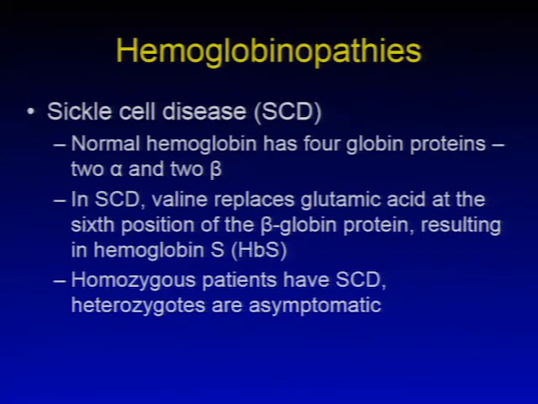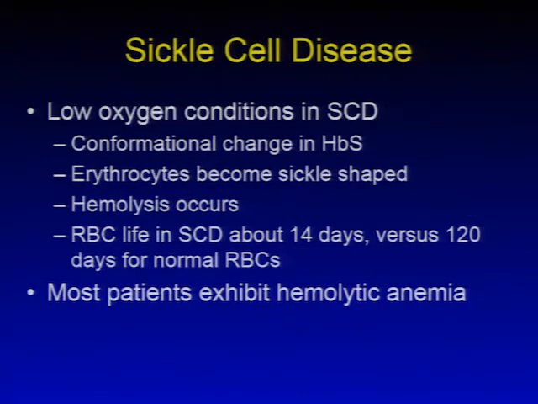In sickle cell disease, there's a single substitution of a valine for glutamic acid in the 6th position of the beta globin protein, and this results in an abnormal hemoglobin, hemoglobin S, replacing the normal. Homozygous patients that have 2 hemoglobin S molecules will have disease. Heterozygotes will be asymptomatic.